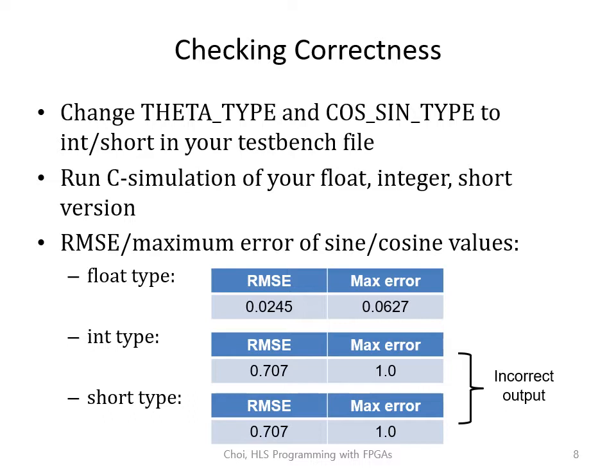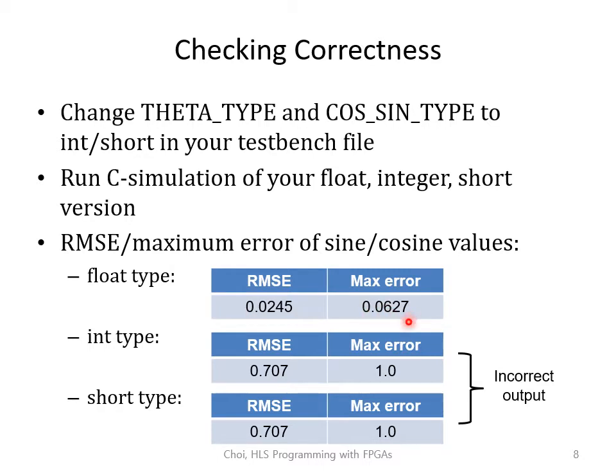So let's make 3 versions, one with the float type, another with the int, and another with the short type. If we measure the RMSE, which means root mean squared error, and the maximum error after running 5 iterations on the float version, you see that it is 0.0245 and 0.0627.